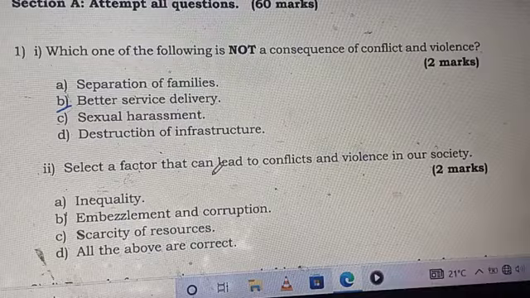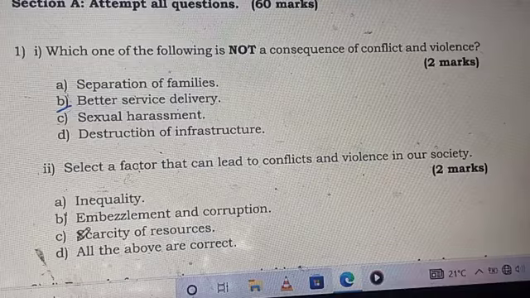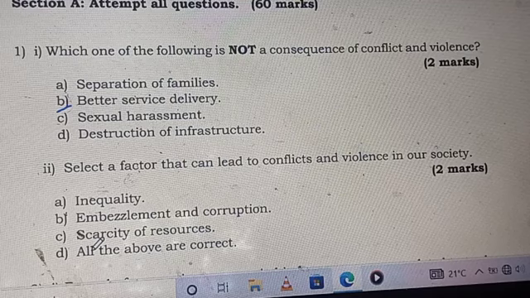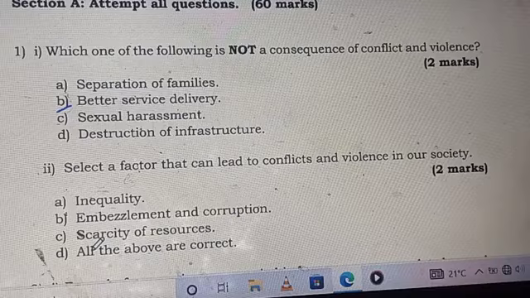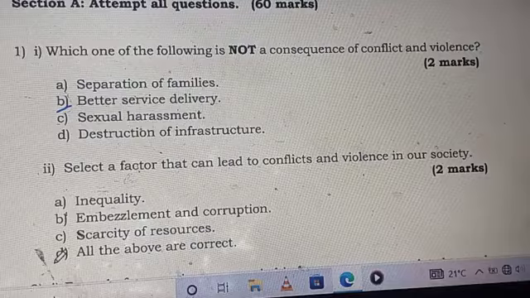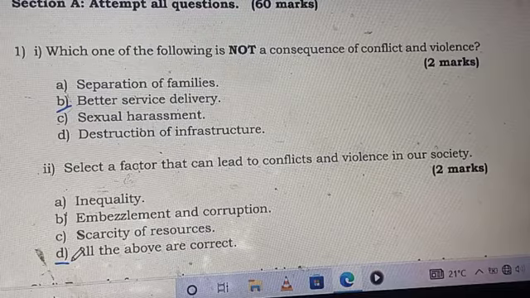Select a factor that can lead to conflict and violence in our societies. We have 4 options. Choose the best answer. The best answer is letter D. All the above are correct.